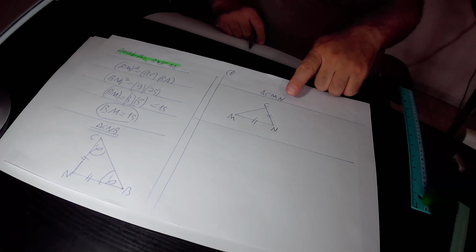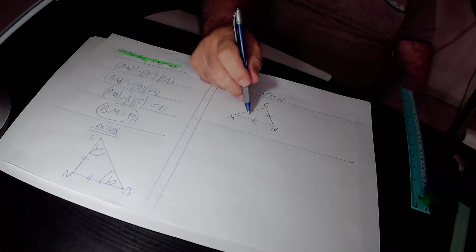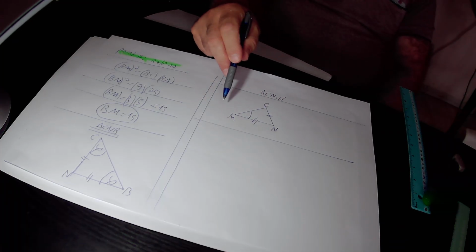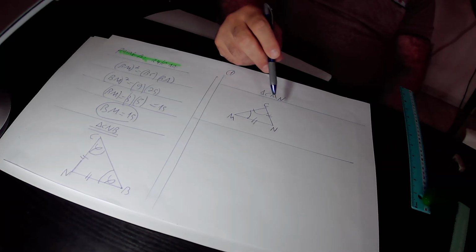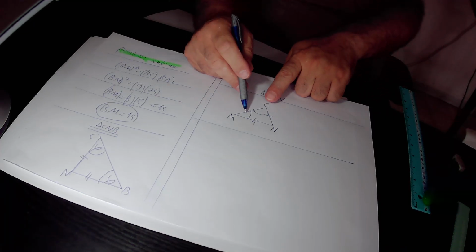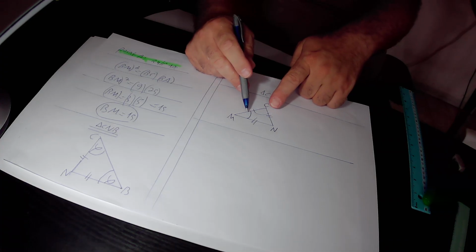So in front of this side CN, we have angle CMN, and in front of this side MN, we have angle NCM. Because those two angles are located in front of those two equal sides, they must also be equal to each other in their sizes.